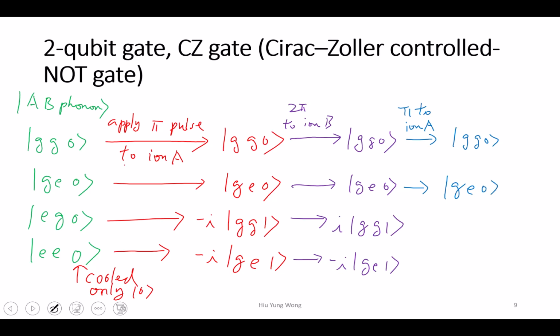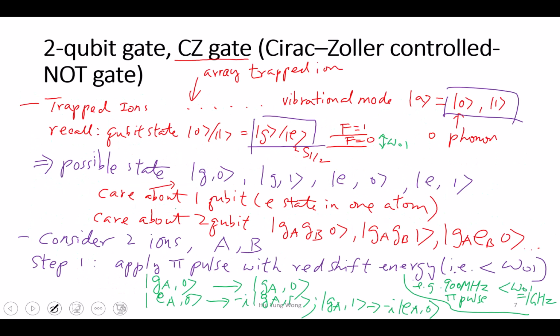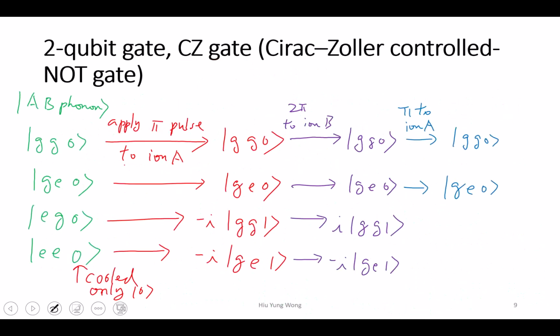And how about the third one, GG1? Let's take a look again. GG1, when the first qubit is in the ground state and you have 1 photon, you apply a negative I and it becomes the excited state, right? So negative I times I equals what?